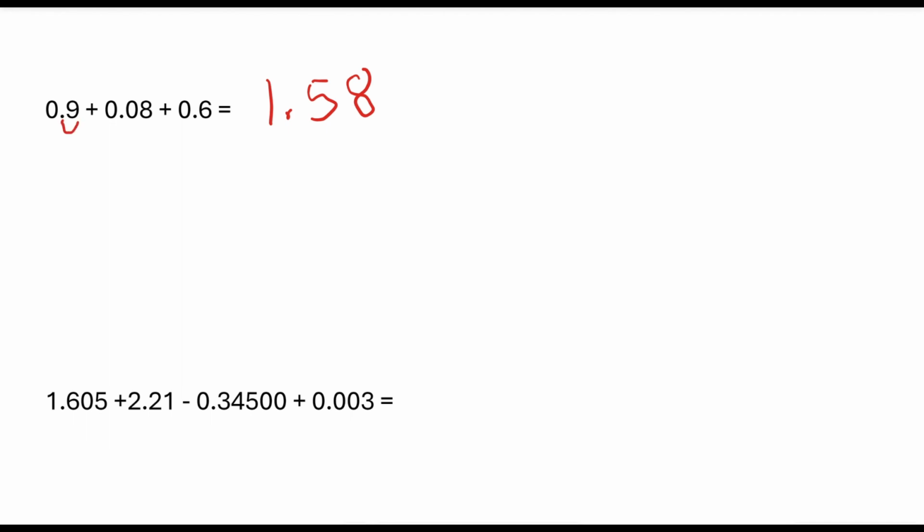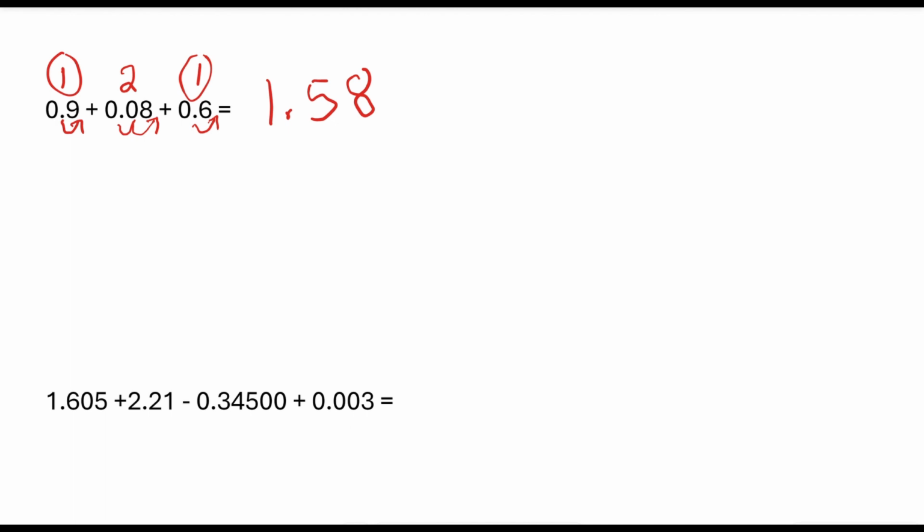So here we have 1 decimal place, so that's 1. Here we have 1, 2 decimal places, so this has 2 decimal places. This has 1. We are supposed to use the least of all the additions or subtractions. So in this case, we have 2 ones. So we're going to use 1. We're going to round our final answer to 1 decimal place.